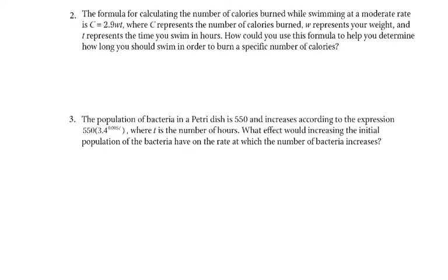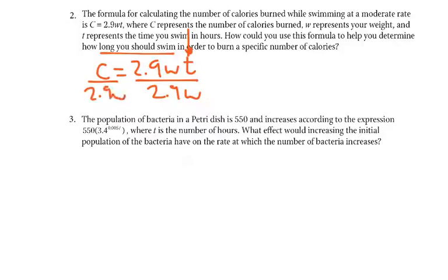So in other words, they're saying solve for the time. Okay, how can we rearrange this to get time as our result. So we divide by 2.9W. So basically you take the calories you want to burn, divide that by 2.9 times your weight. That's going to equal the time because those become ones.